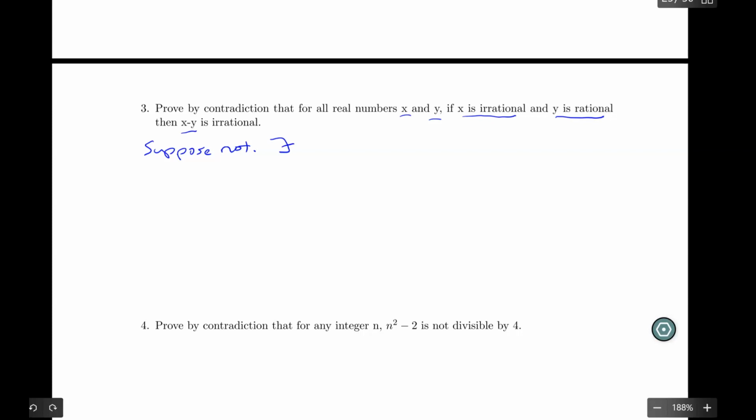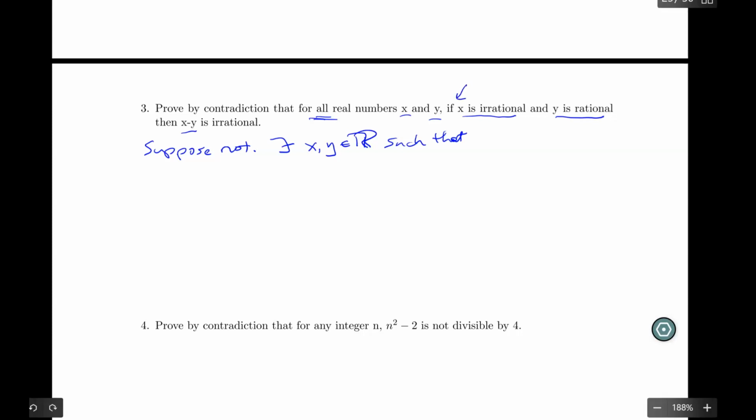So suppose not: for an all, there exists an x and y in the reals such that, remember, okay, here we go.